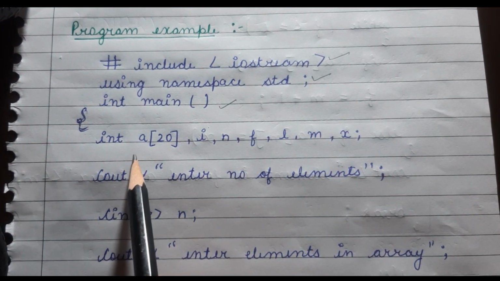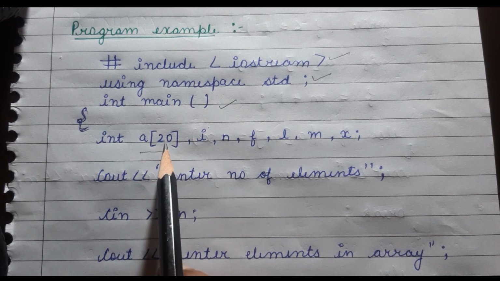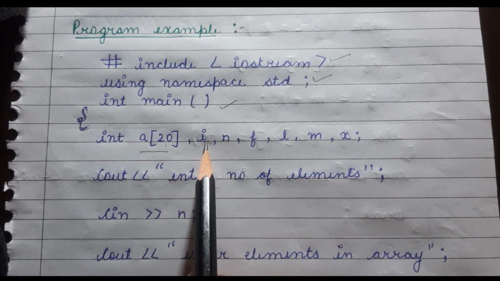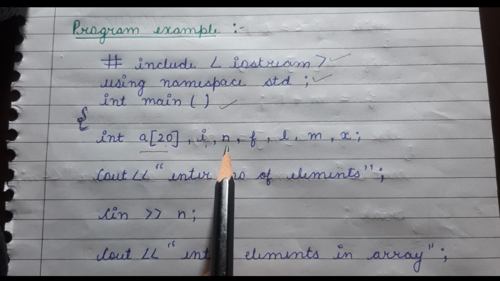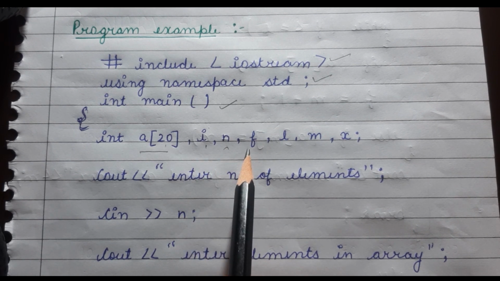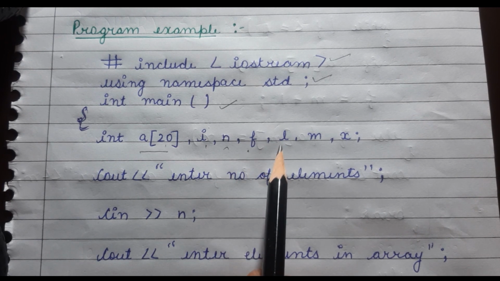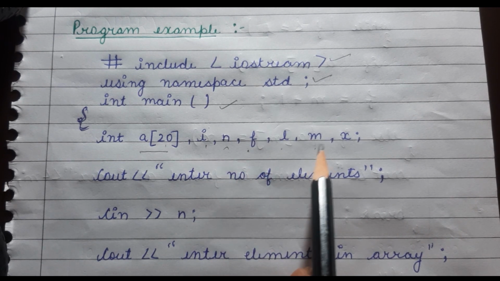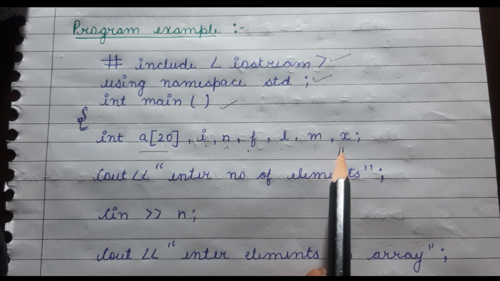After this we declare an array A of size 20. I represents the index of the array, and n represents the number of elements in the array. F represents the first index, L the last index, M the middle index, and X the searching element, the element that you want to search in the array.